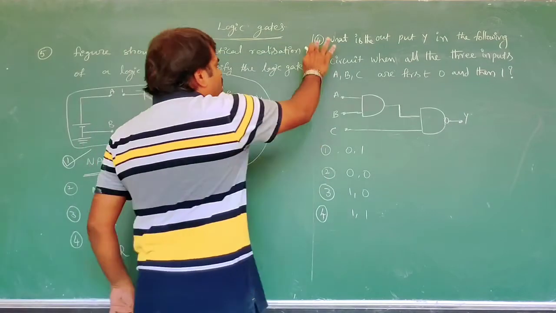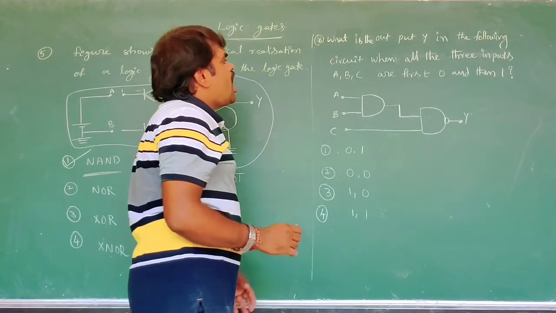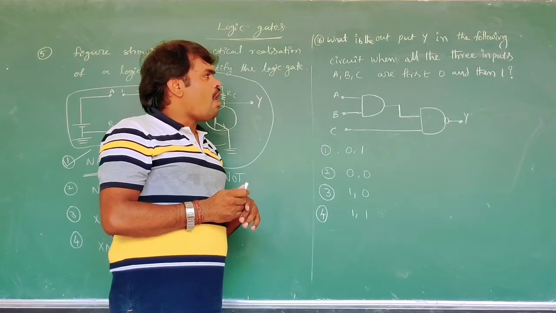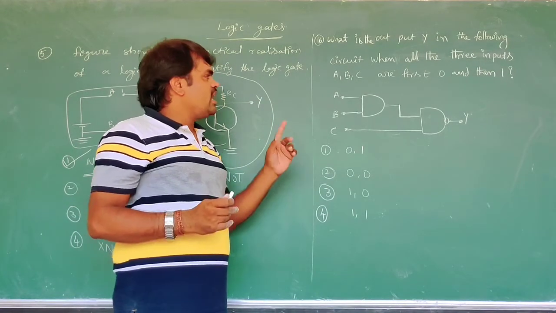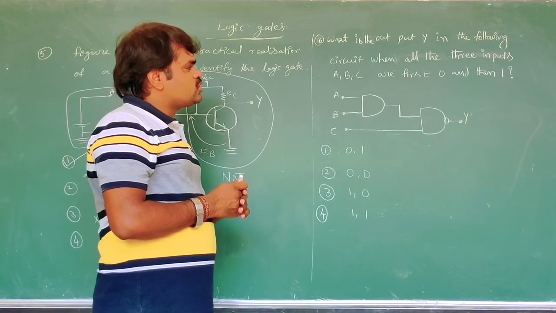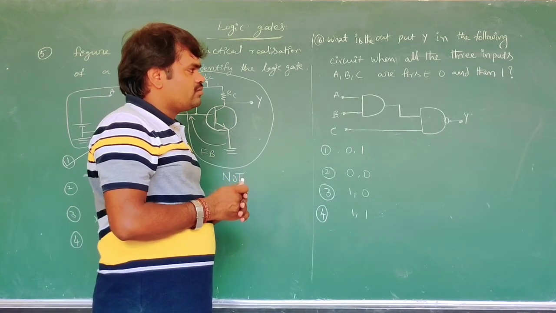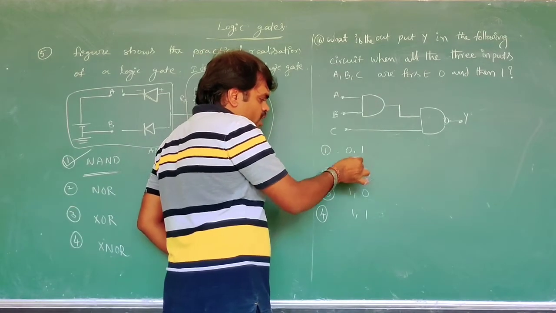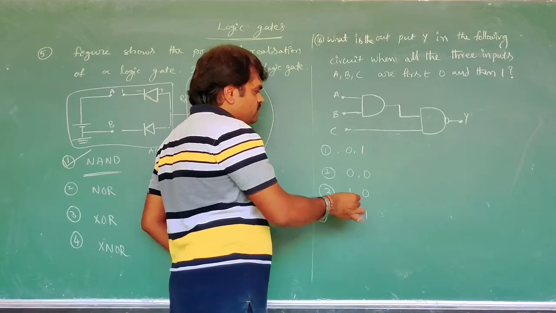Now in the sixth one, what is the output Y in the following circuit when all three inputs A, B, C are first 0 and then 1? See, first they have given a circuit like this and the options 0, 1; 0, 0; 1, 0; 1, 1.